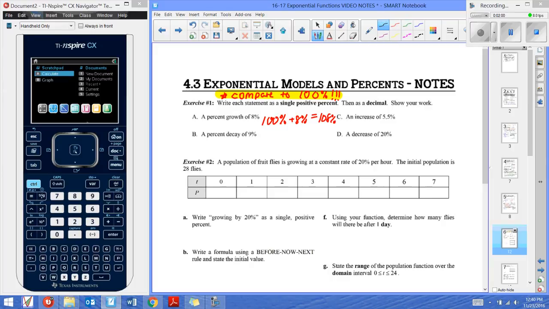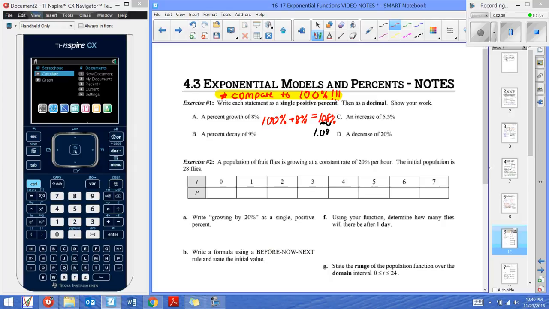Now, taking percents and writing them as decimals means per 100, which means we're just taking the decimal place and dividing by 100, which moves the decimal place 2 spaces to the left. So 108% is really 1.08. And the reason why we're doing this is because in math problems, we cannot use percents. We always have to write them as decimals.